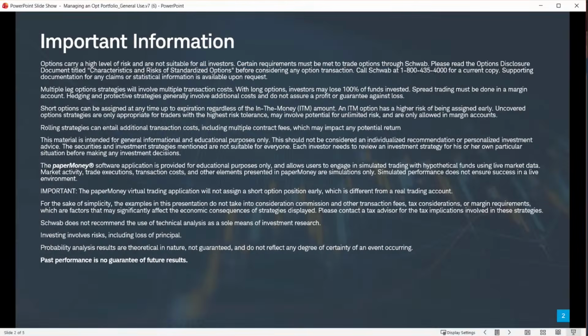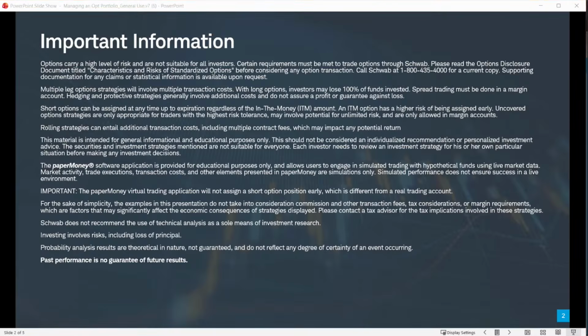And remember, options do carry a high level of risk. They're not suitable for all investors. Multi-leg option strategies, which we often look at, do involve multiple transaction costs. Short options can be assigned at any time up to expiration, regardless of the in-the-money amount. Material today is for general informational, educational purposes only. We'll look at individual stocks.